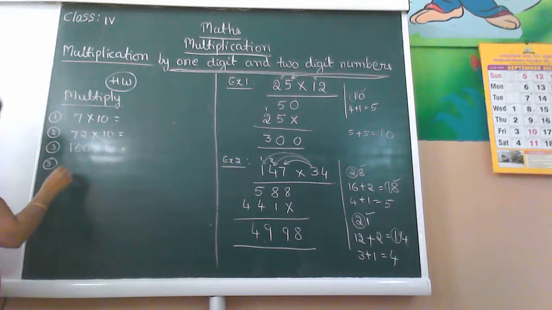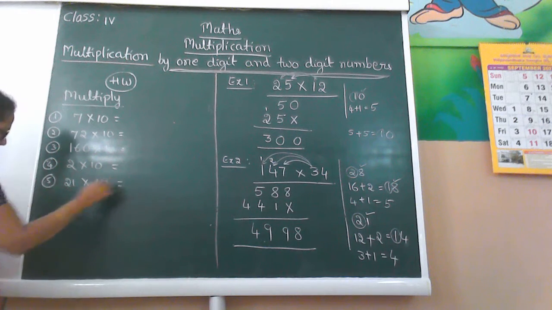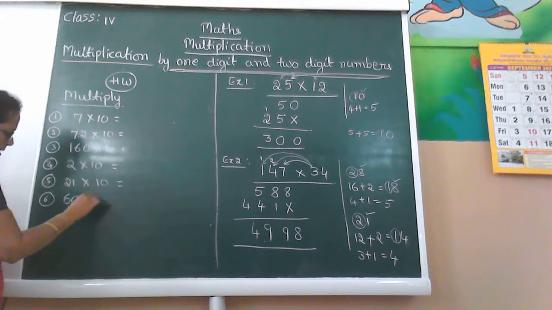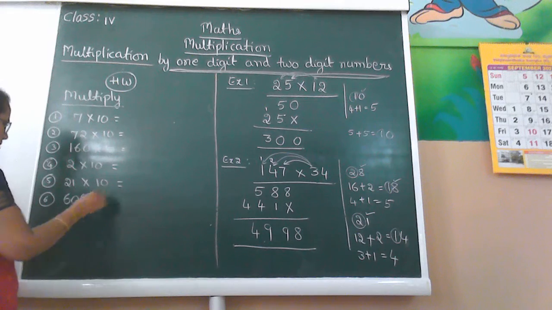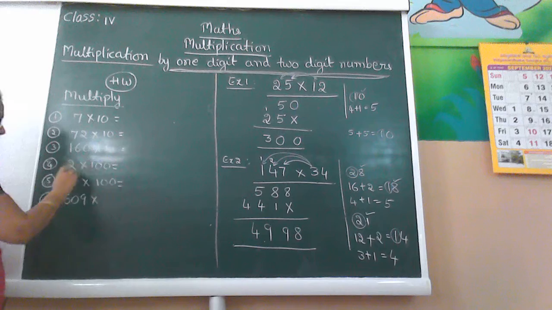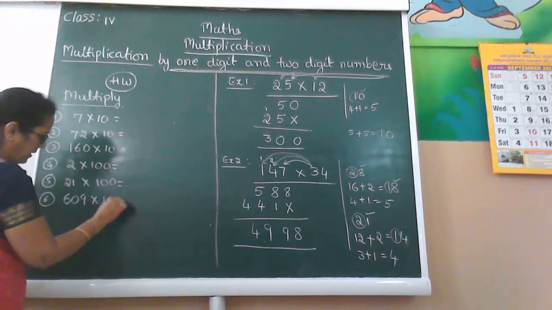Fourth, 2 into 10. Fifth, 21 into 10. Sixth, 609 into 10. Next, 2 into 100, 21 into 100, 609 into 100.